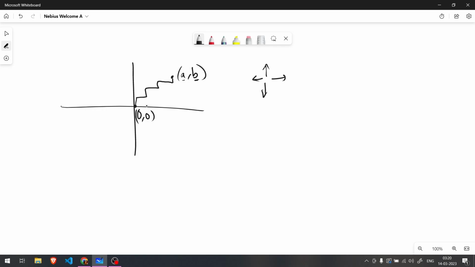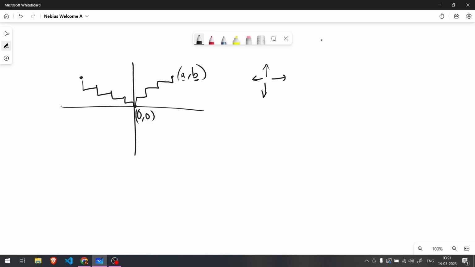Now, what's the catch here? If the number of moves to go upwards are equal to the number of moves to go rightwards, or down and left, or up and left, or basically if the point is in any quadrant, the number of moves isn't going to get affected.